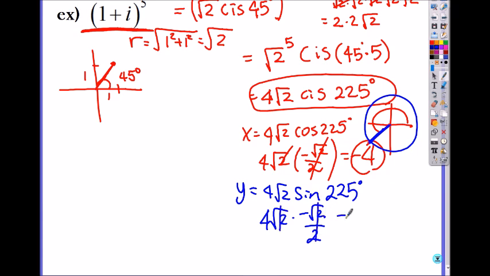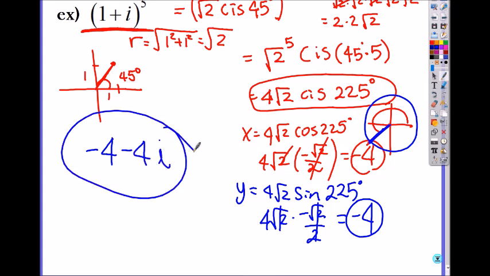So I have negative 4. So how do you write it in rectangular form? Negative 4 minus 4i. Root 2 times root 2 is 2, and then you divide by 2, and we have negative here, so you get negative 4 for both. Third quadrant, they're both negative. Yes?